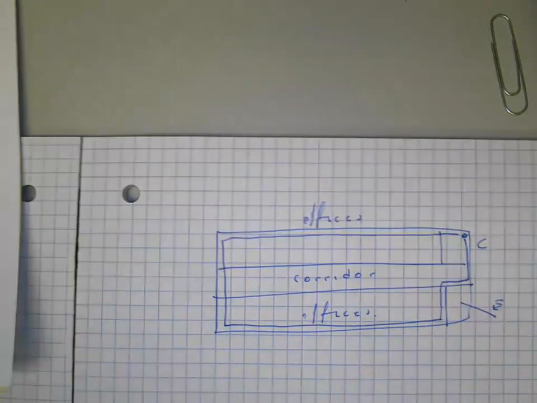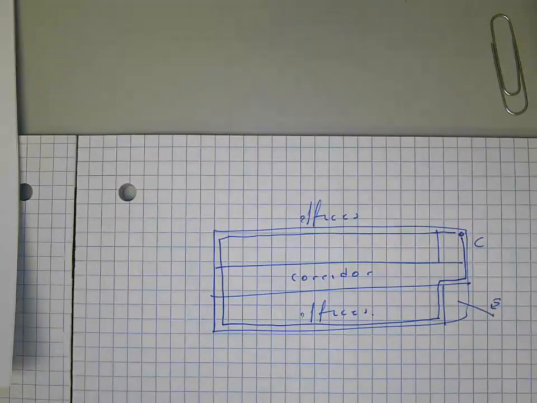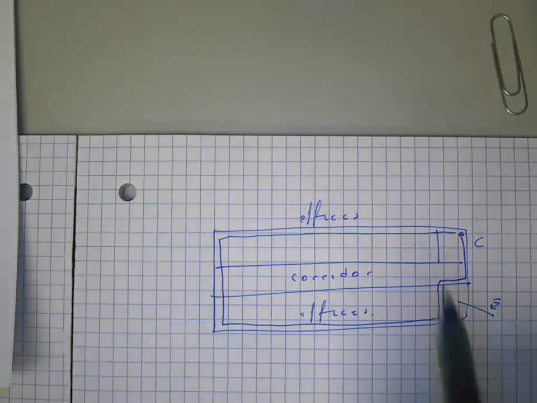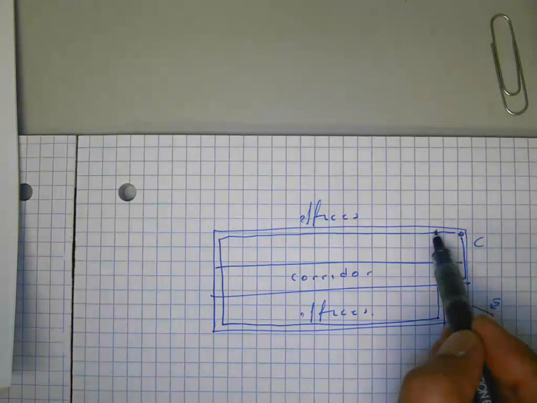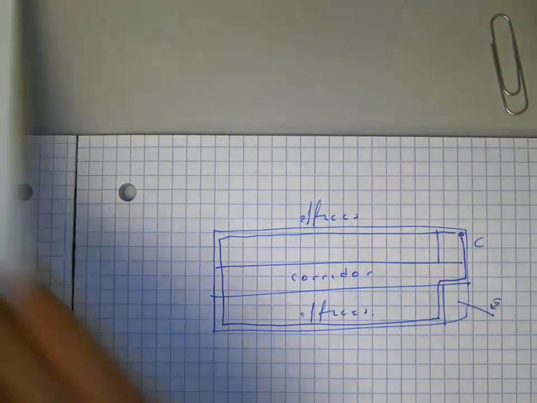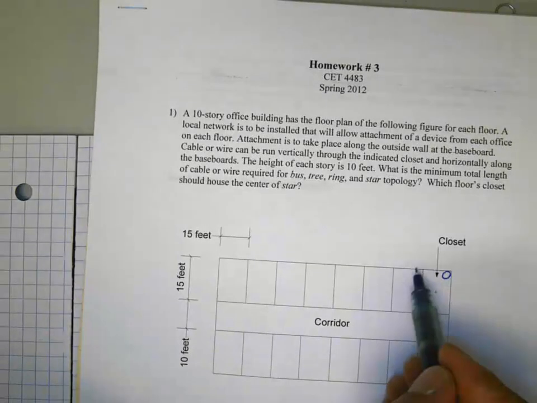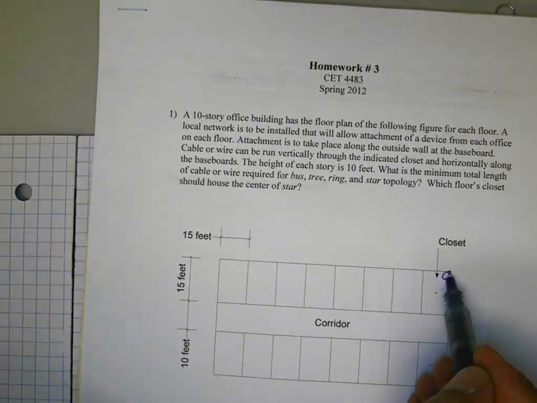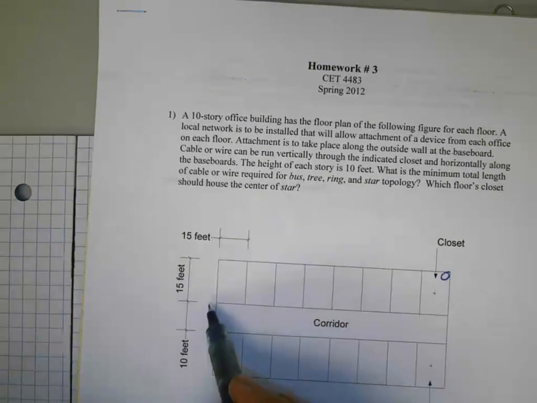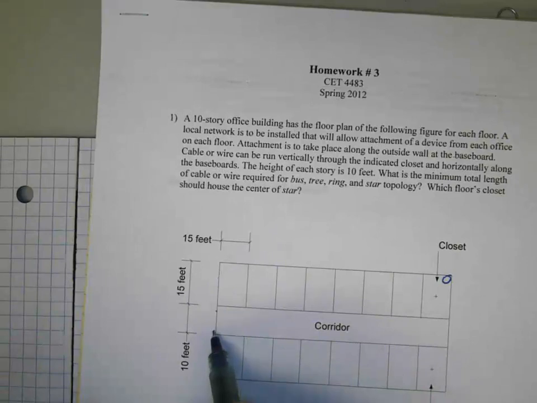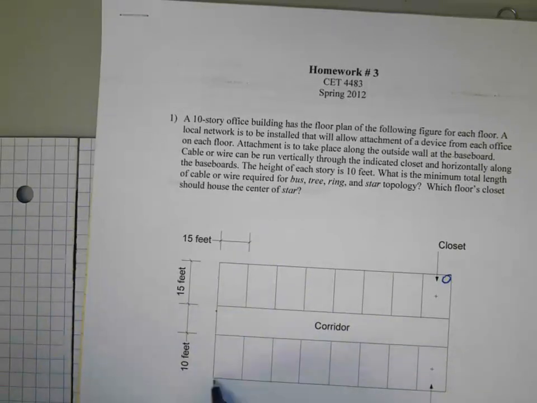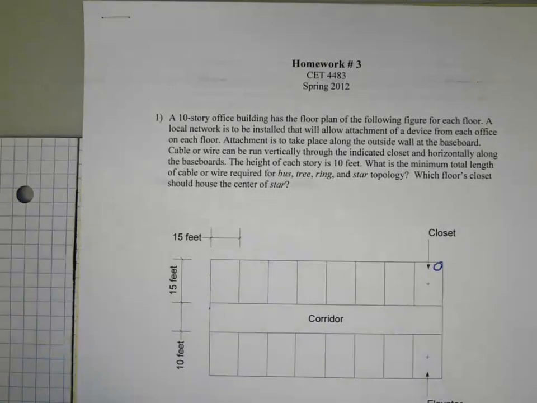Tell me what is the minimum wire required. So you need to calculate the length of the wire. It is based on this one. Every office is 15 feet, so you got to count all the way up to here. Then this is 15 feet, 15 feet. This one is 10 feet, all right? And then you go all the way like this, and you calculate.